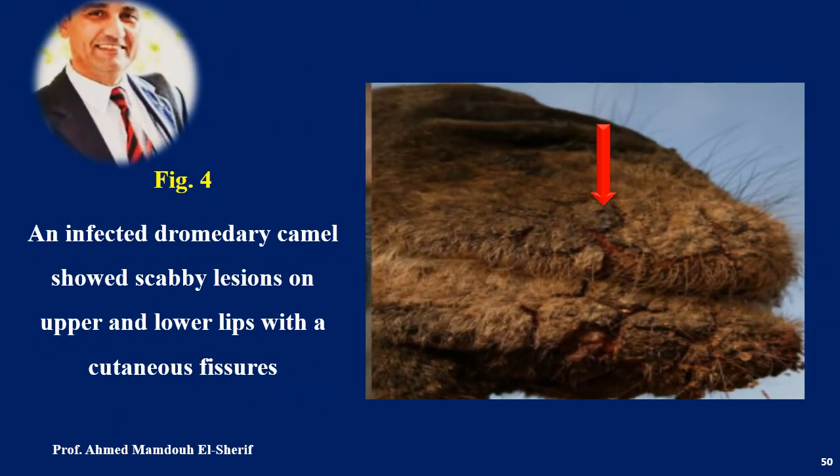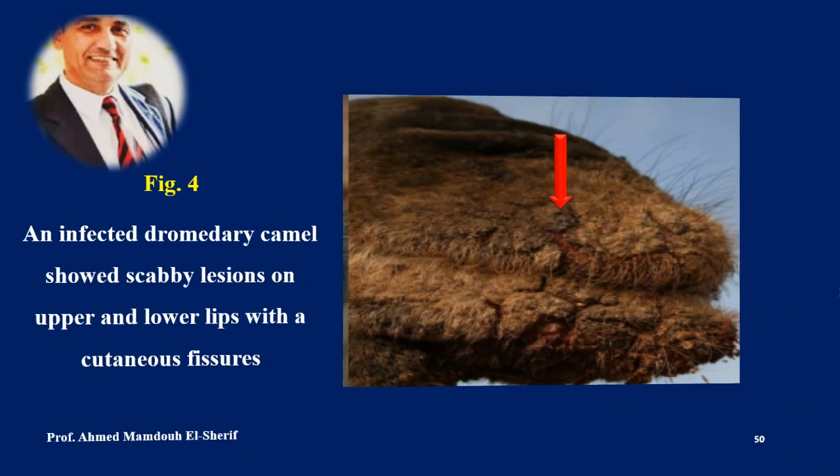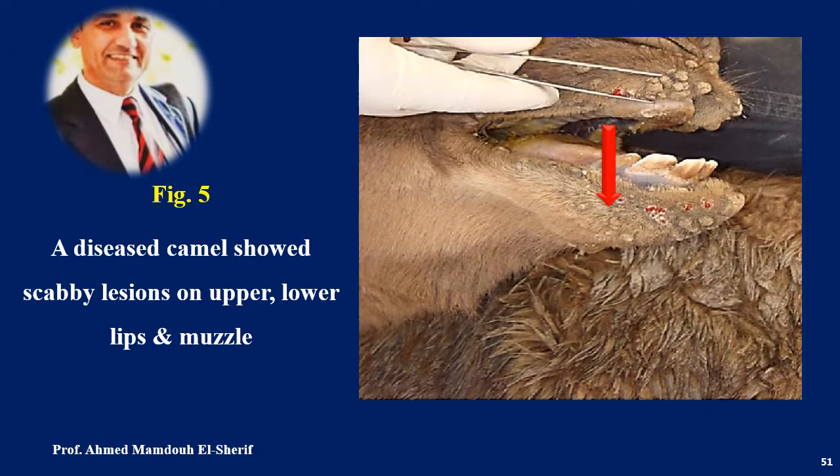Figure number 4 shows an infected dromedary camel with scabby lesions on upper and lower lips with cutaneous fissures. A deceased camel with Camel Contagious Ecthyma showed scabby lesions in the upper and lower lips and muzzle.